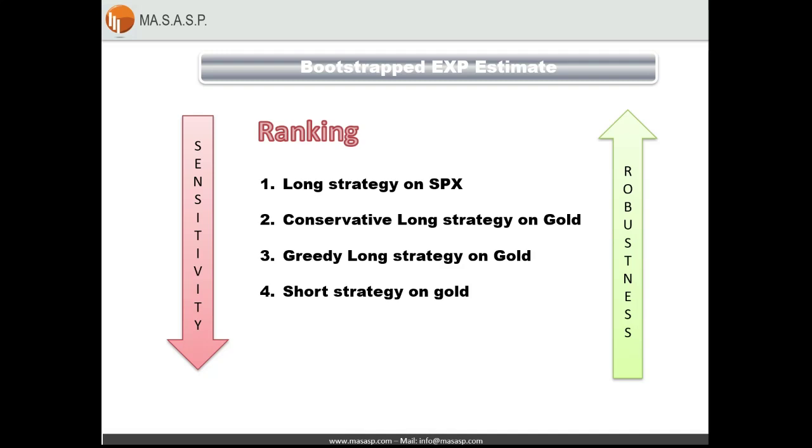Ranking is a troublesome matter. What matters here is not to rank the systems, but rather to check whether each system is viable, meaning that the lower confidence limit of its expectancy is definitely bigger than the transaction costs.